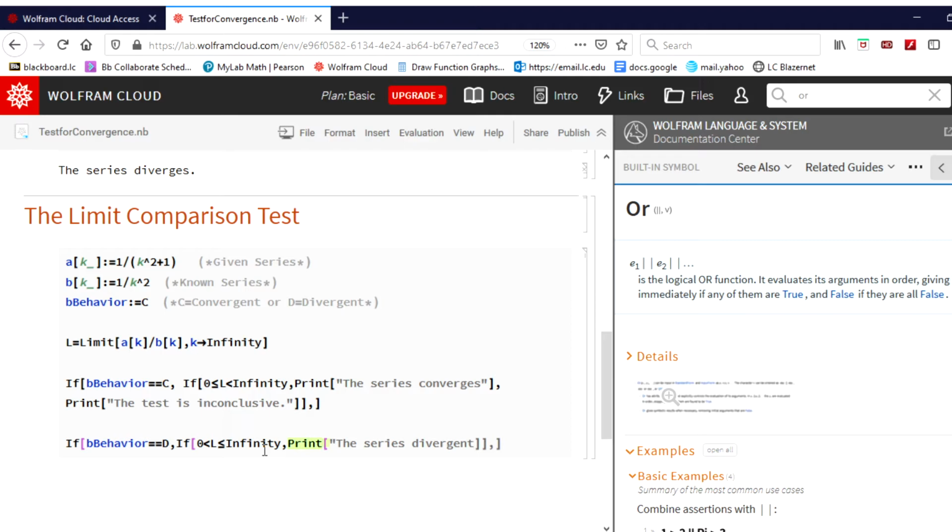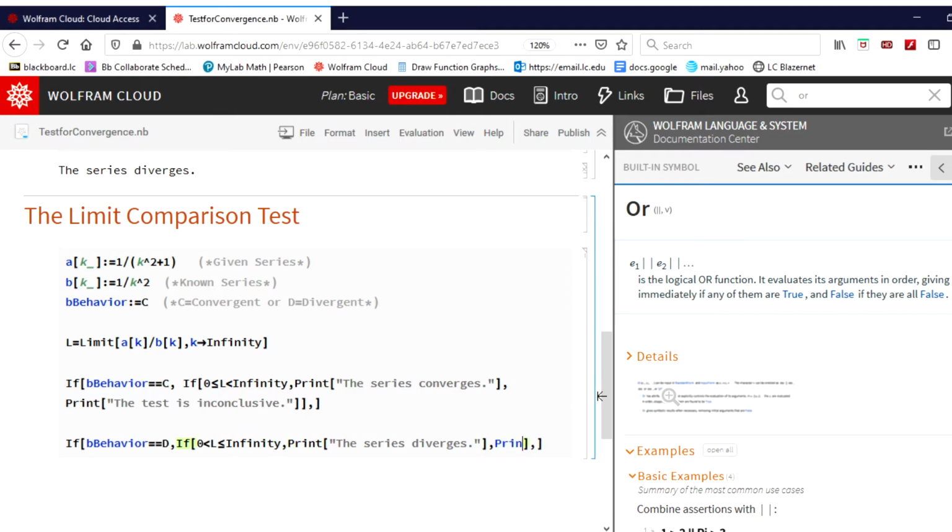This series diverges, we might say, right? We might use that statement there. The series diverges. When L is bigger than 0 but less than or equal to the value of infinity, that's going to cause a divergent result in this series.